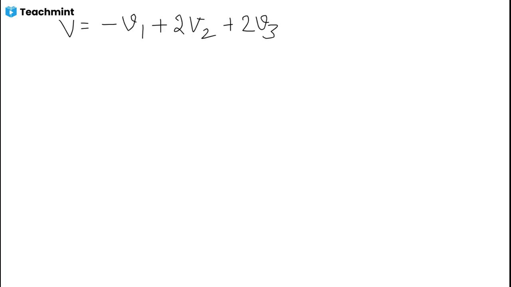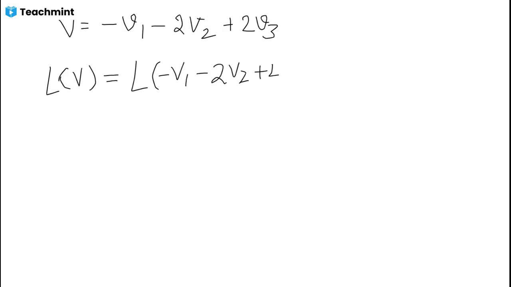Would it be minus 2 V2? Negative 2 V2, yes, sorry, we have this negative. So V is expressed as minus V1 minus 2 V2 plus 2 V3.